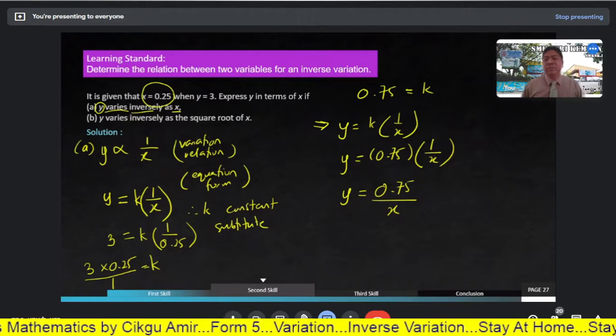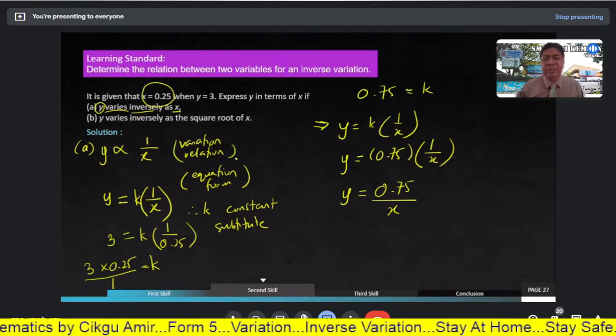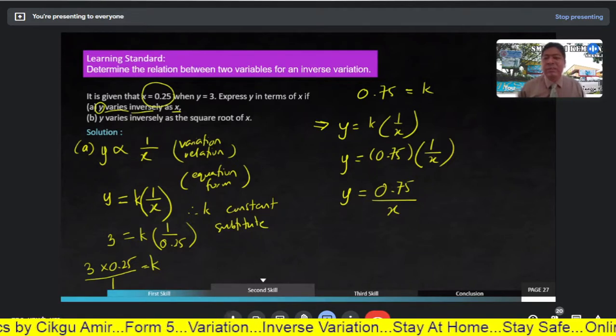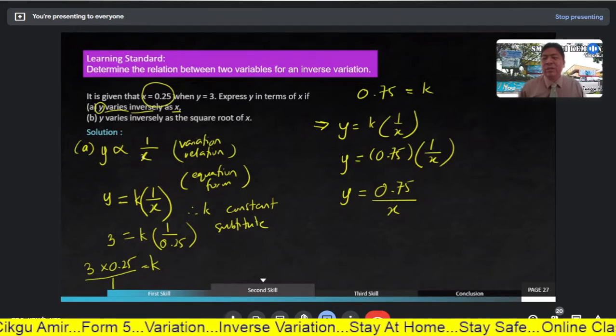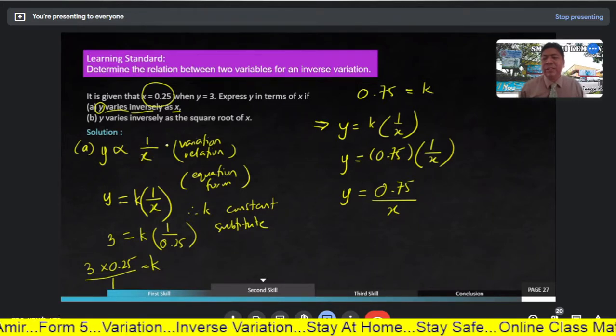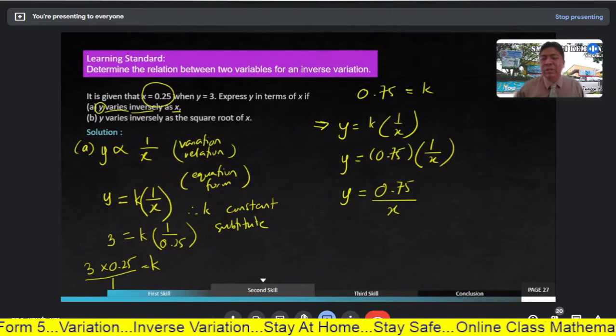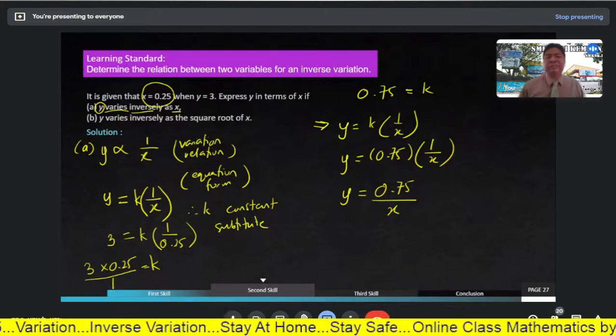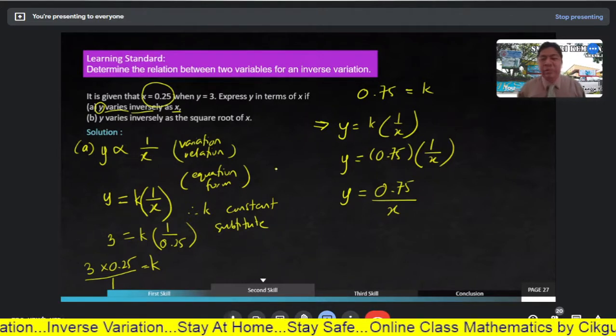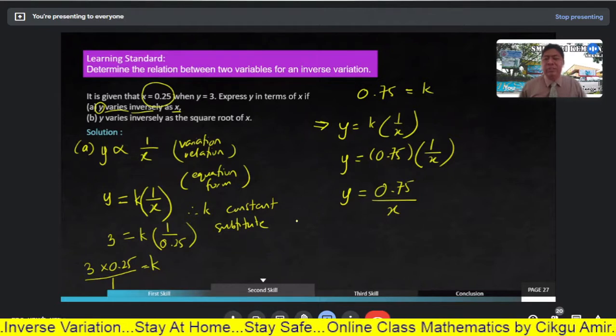It's all the same as direct variation. The only difference is 1 over x. Inverse variation has 1 over x. Write this down in your exercise book.